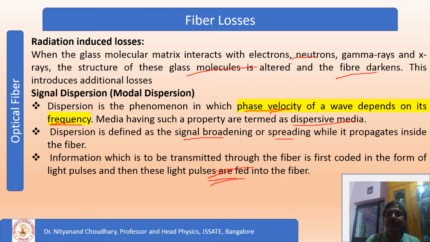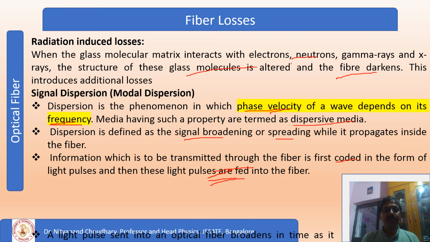Information which is to be transmitted through the fiber is first coded in the form of light pulses, and then the light pulses are fed onto the fiber. We understand that any signal which is to be transmitted through the optical fiber is firstly converted into an electrical signal, and that electrical signal is put on your light wave, and that is carried forward.